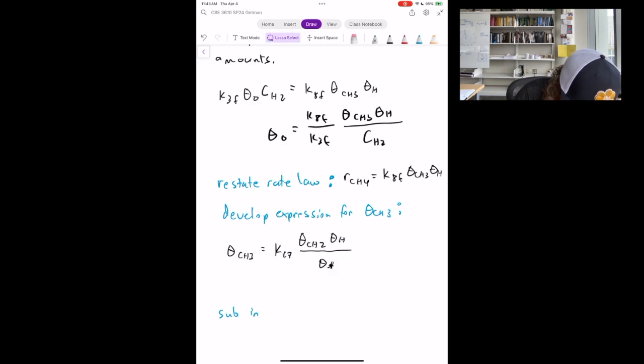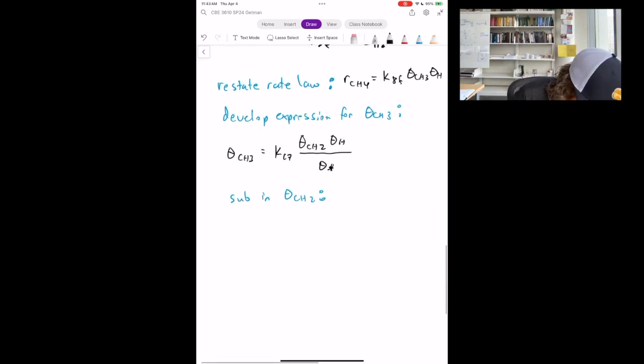Okay, so that's the expression, but of course I have these other terms in here, so I'm going to sub in my expression for theta CH2. That's going to give me theta CH3 equals KC7, KC6, theta CH, theta H squared.